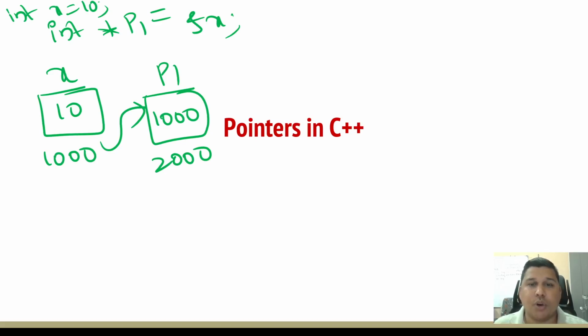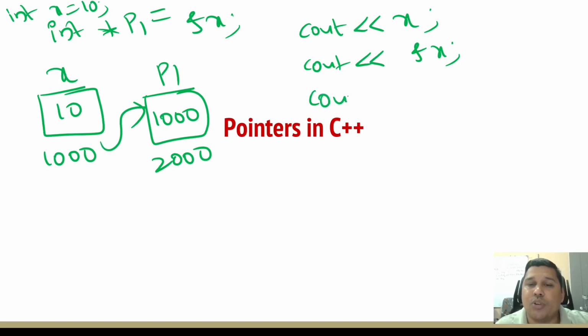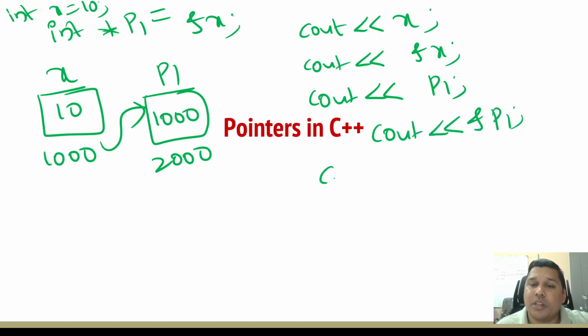So now if you see here, x is 10, and p1 has the address of x stored in it, that is 1000. So tell me the outputs. If I write cout of x, then cout of &x, cout of p1, cout of &p1, cout of *p1, can you guess the answers?